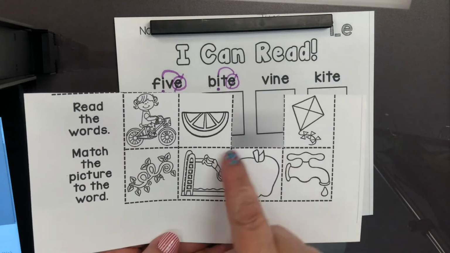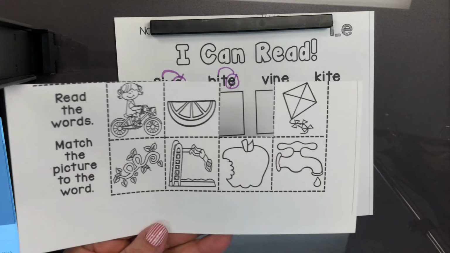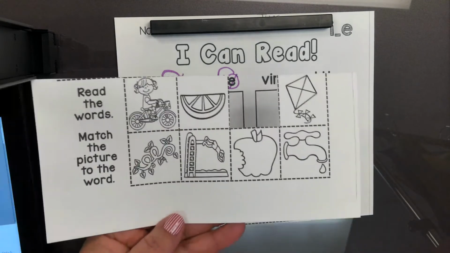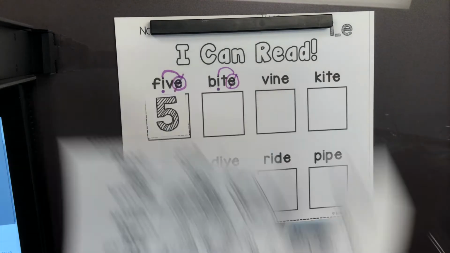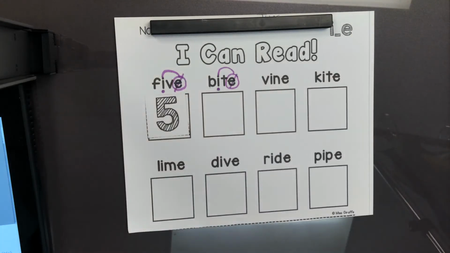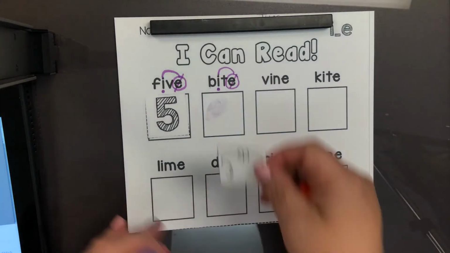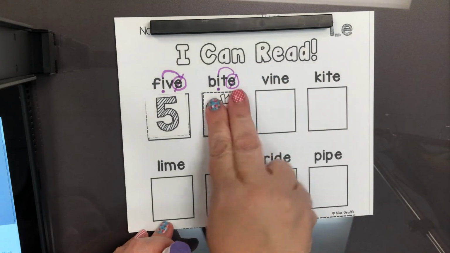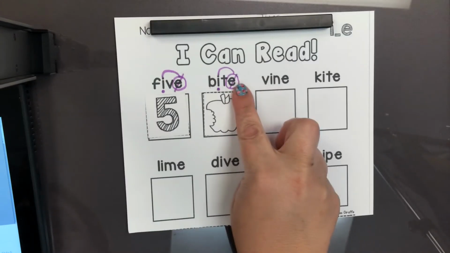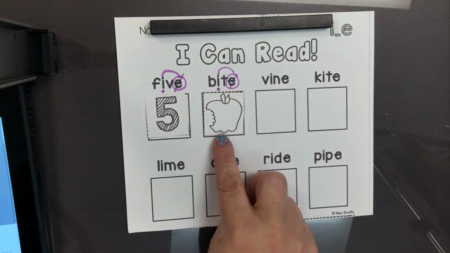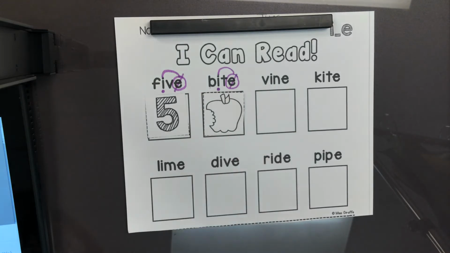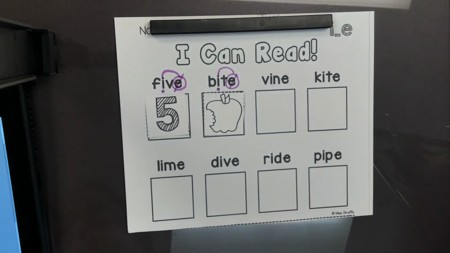Here is the bite. The apple has a bite. We'll cut that out and glue it with its word. Here is the word bite, and here is the picture that shows the word bite. I use pictures to show that I did read the word.